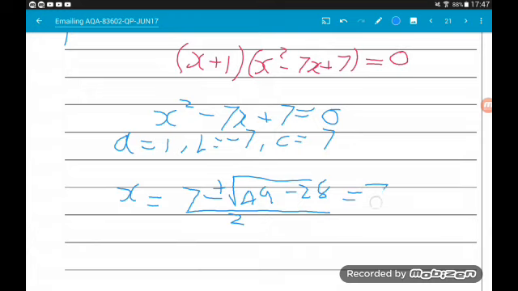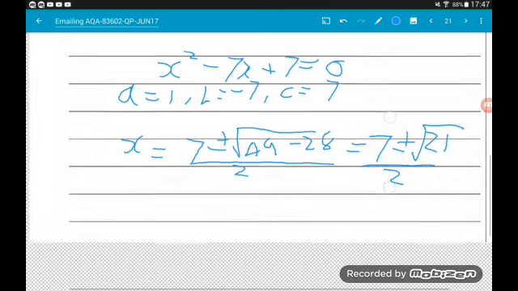So we've got 7 plus or minus the square root of 21 all over 2, so we've now got our two solutions.